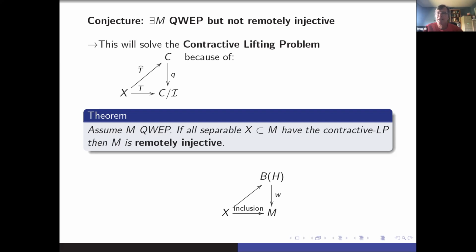It would be nice to have some kind of connection that might be able to characterize exact C-star algebras, like we have the characterization of nuclear C-star algebras, that the second dual is injective. I wonder if it could be possible that a C-star algebra is exact if and only if its second dual is seemingly injective, something like this.